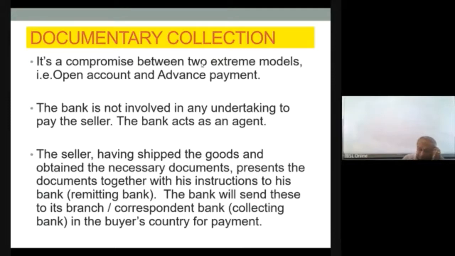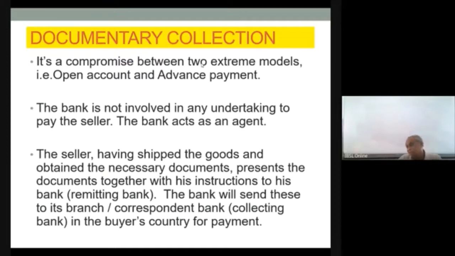So the seller will send the goods to Sri Lanka and give the documents to Barclays Bank with instructions saying that please send these documents to People's Bank head office. The customer has given the instructions.